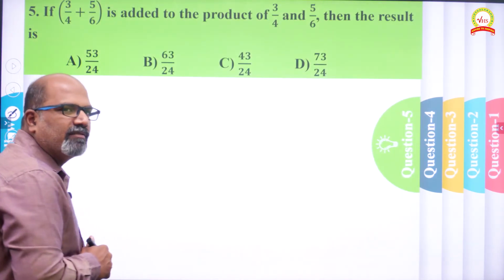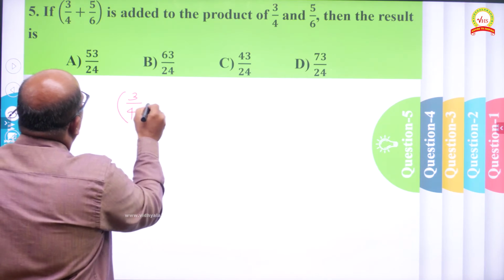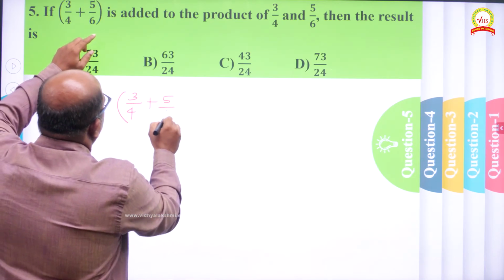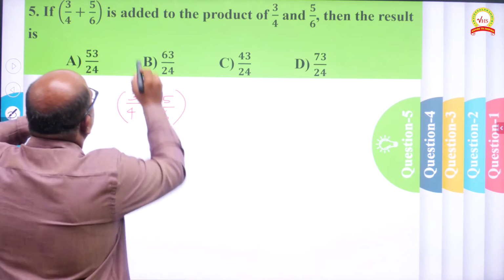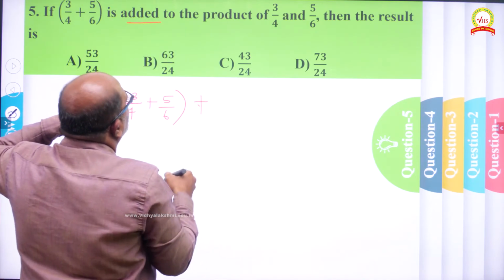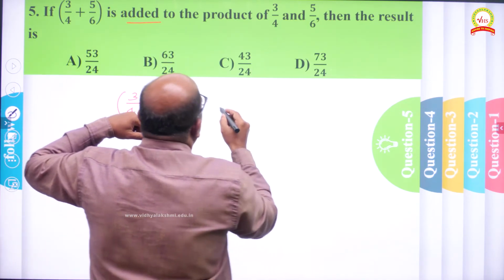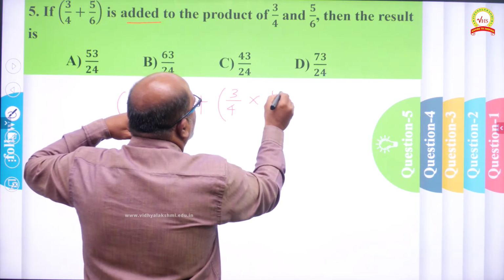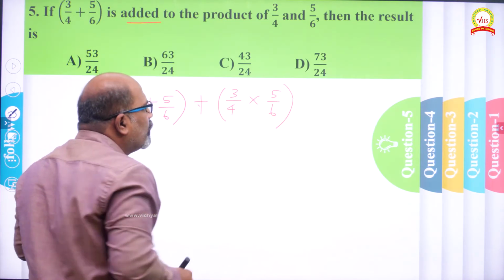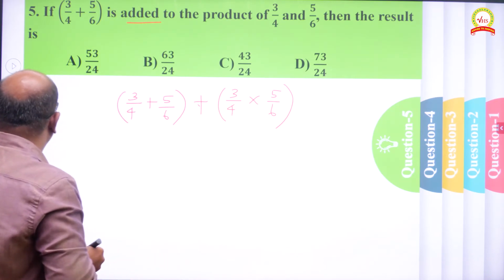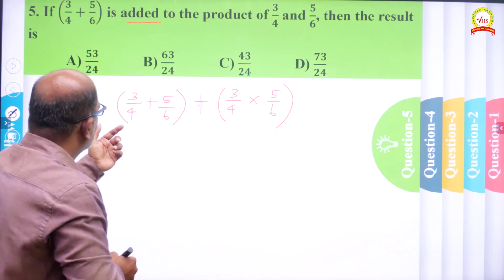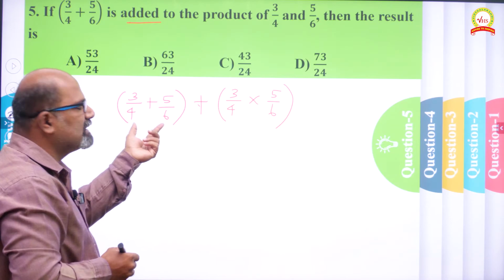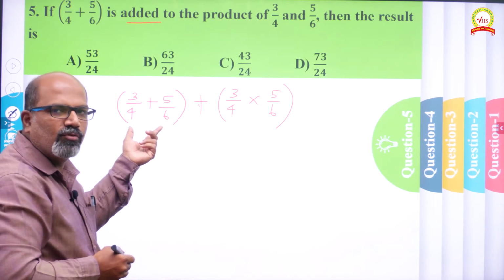Then the last question of this session. I am taking 3 by 4 plus 5 by 6, and this is added with the product of 3 by 4 and 5 by 6. Now I want to simplify this. For that I need to find the LCM of 4 and 6, which is 12.